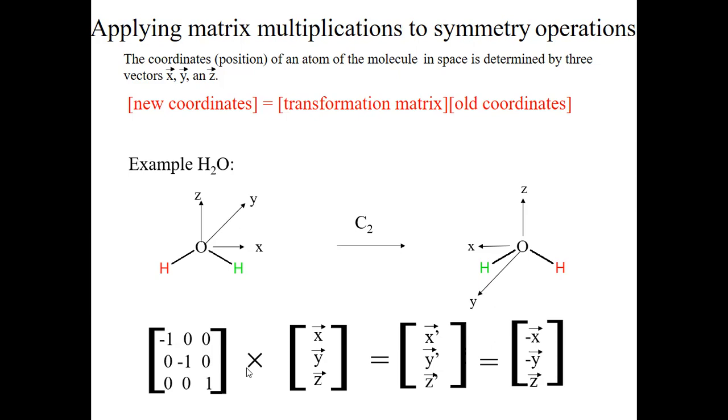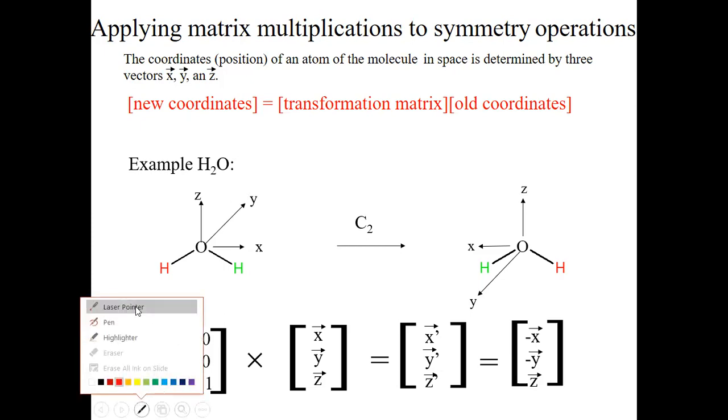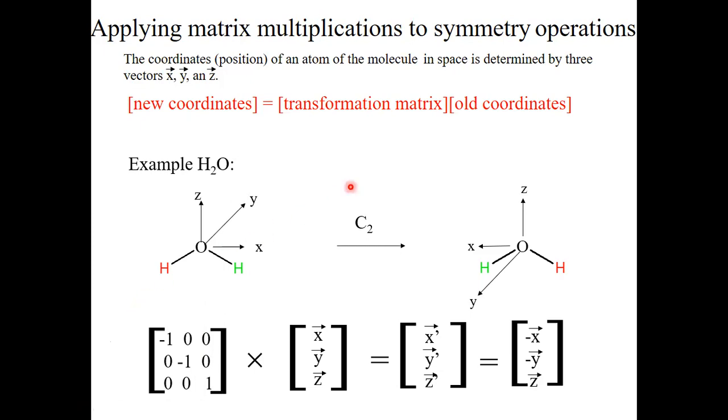For that reason, any matrix that, when multiplied with the matrix representing the old coordinates of the object, produces correctly the new coordinates of the object, can be considered a matrix description of the symmetry operation.